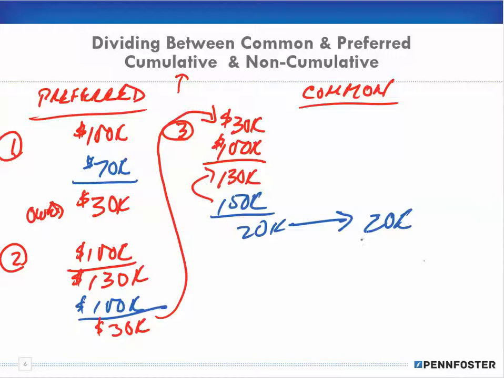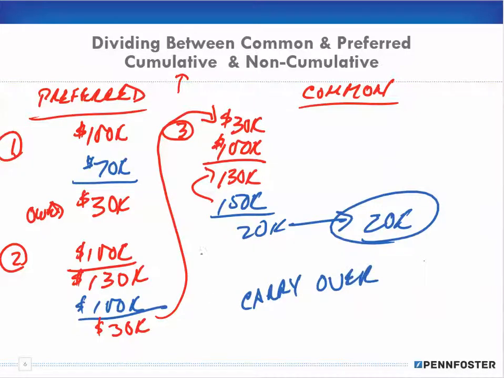All right, and that $20,000 is distributed to the common stock shareholders. Okay, so the way to think about cumulative is it's a carryover kind of thing. Anything that's still owed is still carried over. Okay, and once that's satisfied, then anything that's left over will go to common.